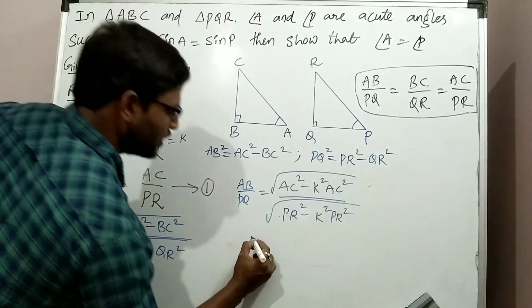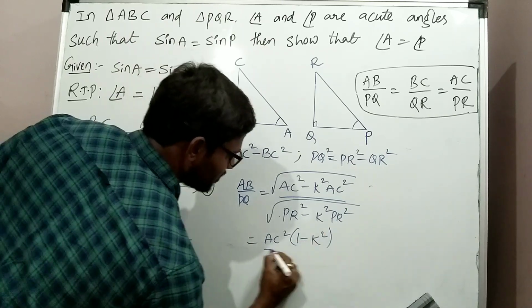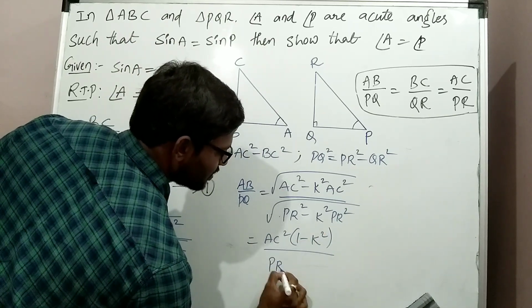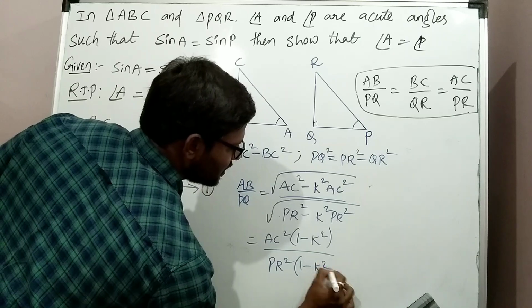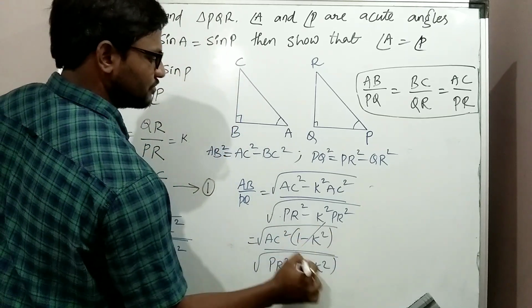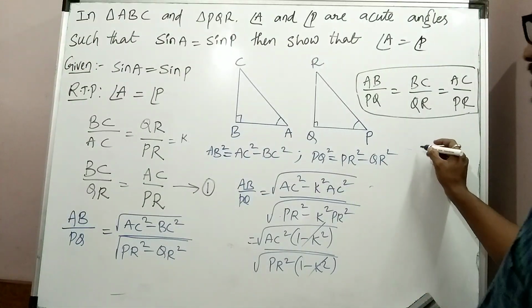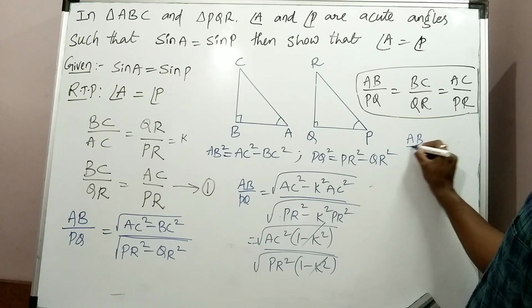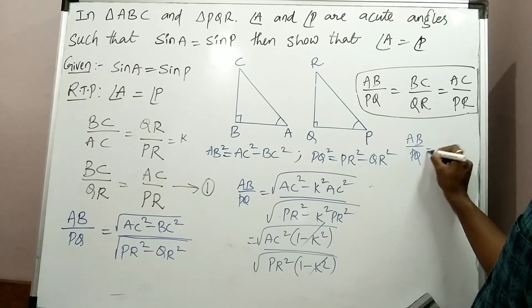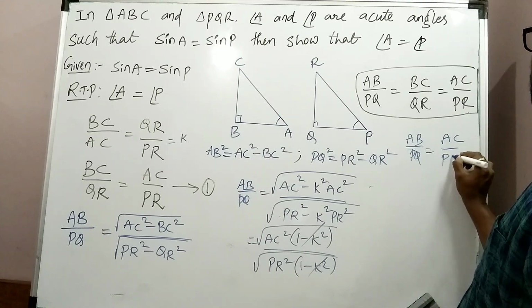Next, take AC square common, we get 1 minus K square. In the denominator, PR square common, 1 minus K square, under root. So AB by PQ equals AC by PR.